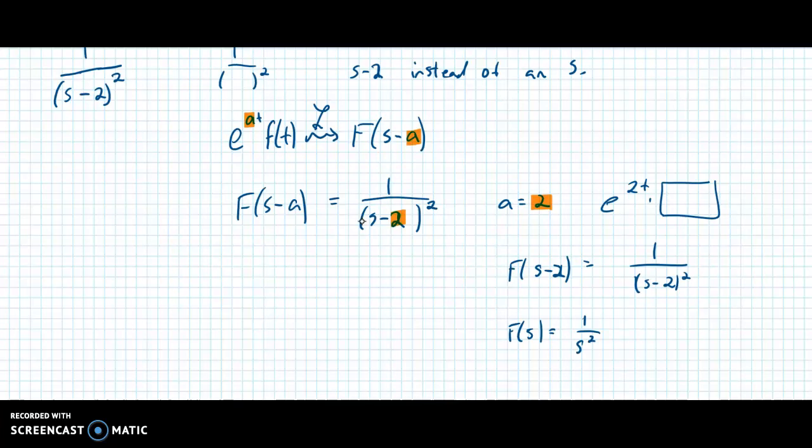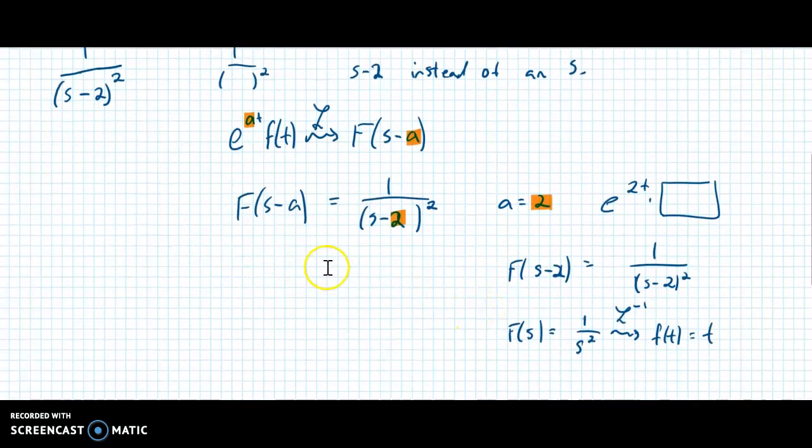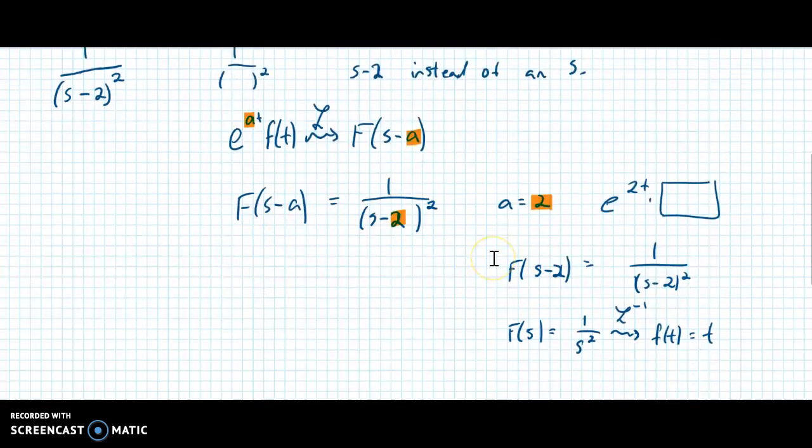And notice, if I inverse Laplace this, I get f of t. And here I'm inverse Laplacing the whole equation. F of s is 1 over s squared. So if I inverse Laplace that, I get f of t is just t. That's the same one that we did earlier up here. So that is this piece right here. So I'm actually pretty much almost done right here.